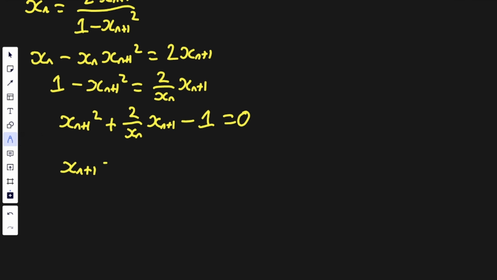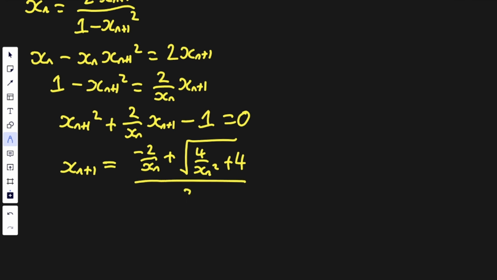So x_{n+1} is equal to minus b plus square root of b squared minus 4ac, divided by 2a.